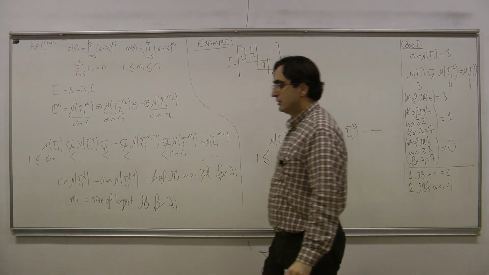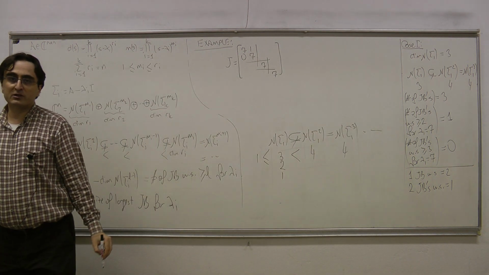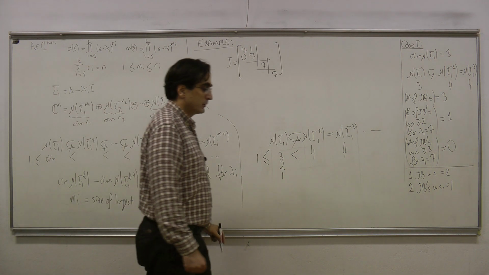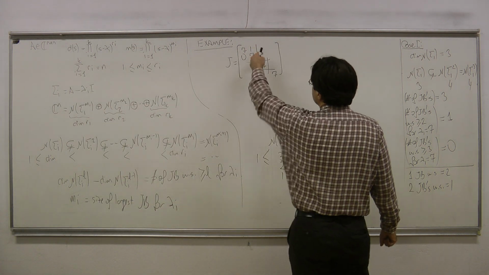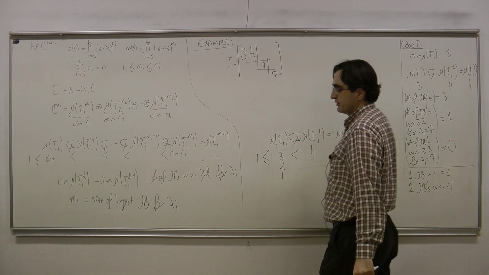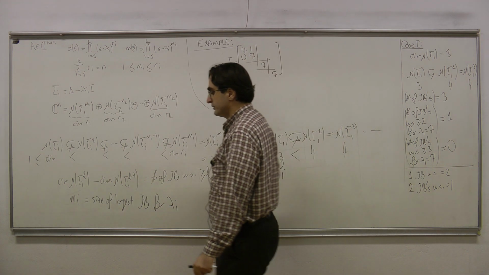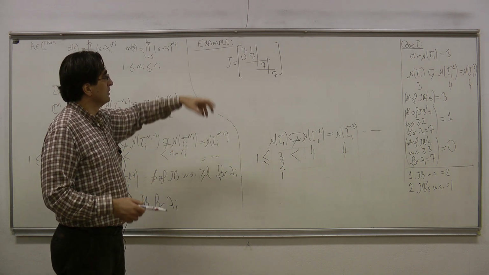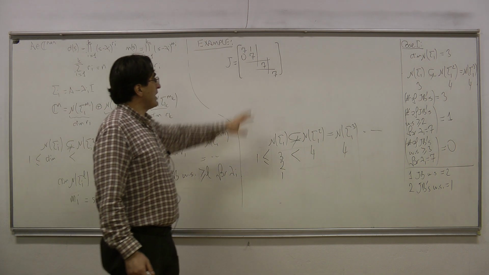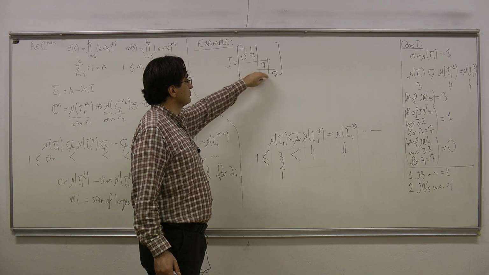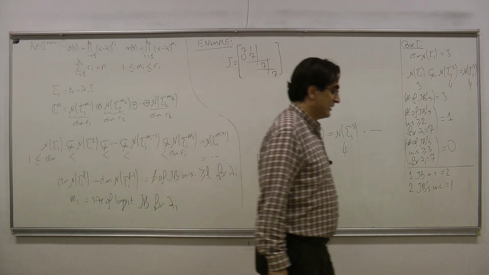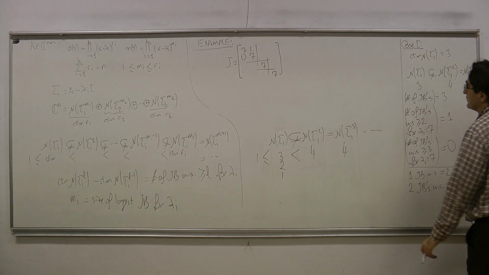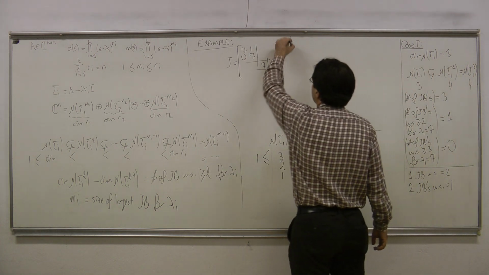So this is my first possible Jordan canonical form. Of course, I can here play with the orders of these blocks, but we are going to consider only this one. And we are going to consider all the other order changes to be equivalent to this one, where I ordered the blocks from the largest to the smallest one. Okay? And what about the other case? So this is my first case.